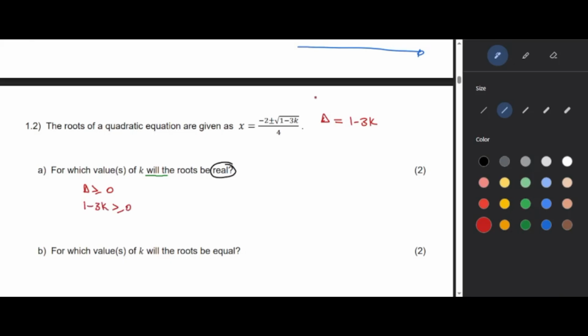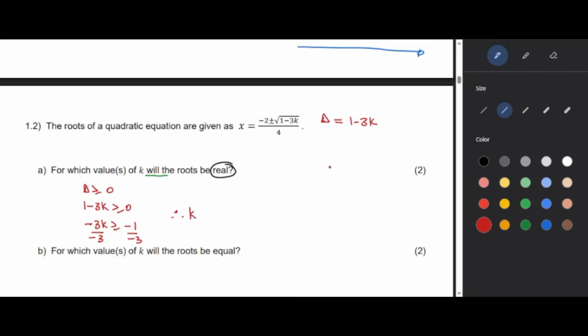Then you solve. The best way is to take the 1 to the other side. I have minus 3k greater than or equal to minus 1. Now divide both sides by minus 3. Therefore, what is k equal to?